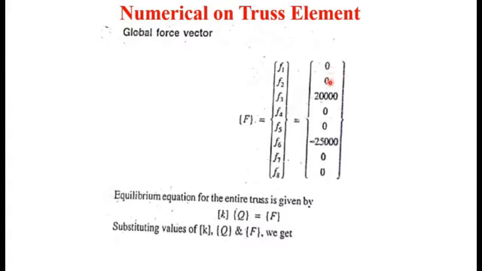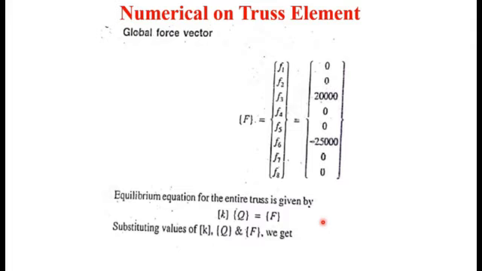On the first node it is 0, 0. On the third it is 20,000 in the x direction and 0 in the y direction. F5 is 0, f6 is minus 25,000, f7 is 0, and f8 is again 0. By putting all these force values in this matrix, we get the global force vector.